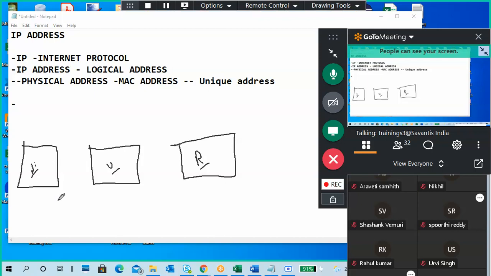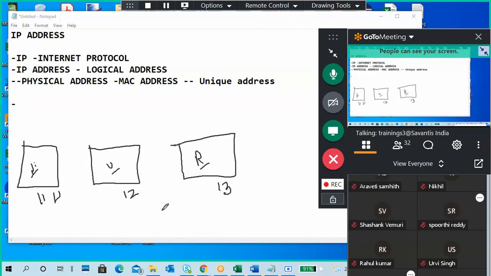So whatever the name of the device is, we don't communicate with the names. Important: we never communicate with the names, we communicate with the numbers. So we have to assign a number to it, for example 11, 12, 13, like that. I assign numbers.